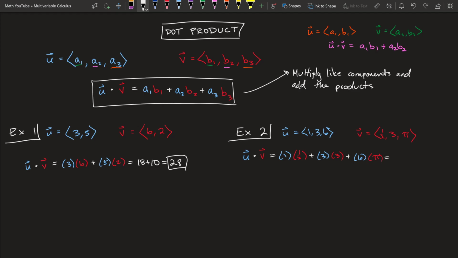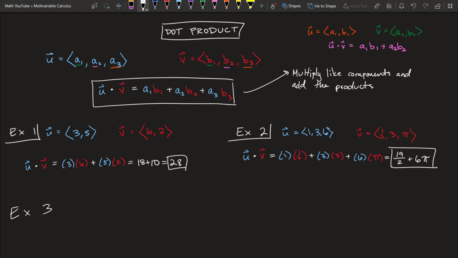The result is, well, 1 times a half is a half. A half plus 9 is 9.5, which is 19 over 2. So that would be 19 over 2 plus 6 pi. That is the dot product of U and V.